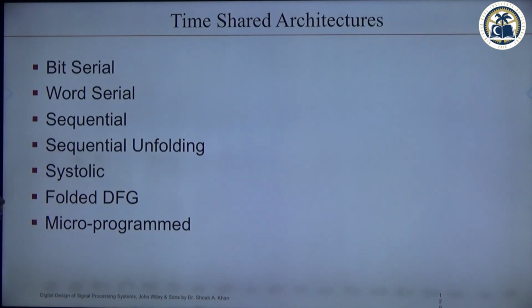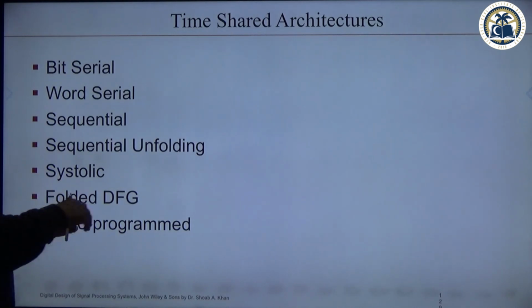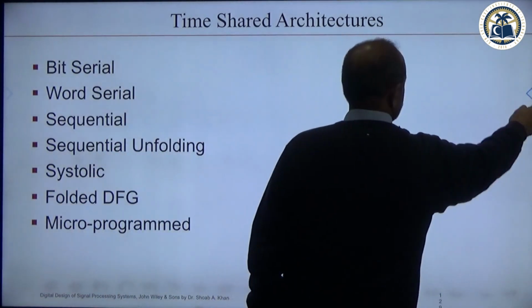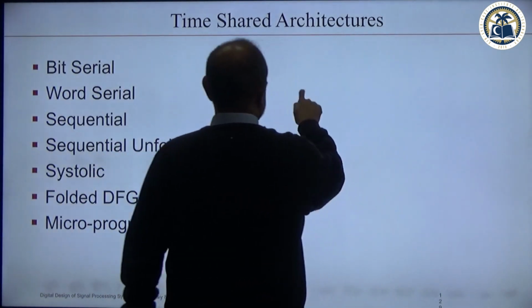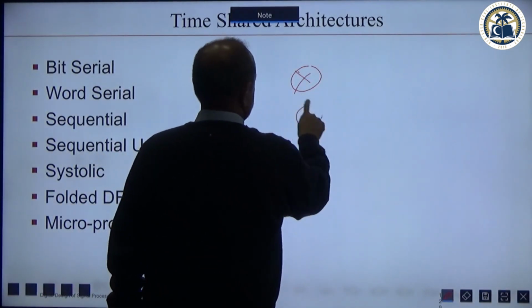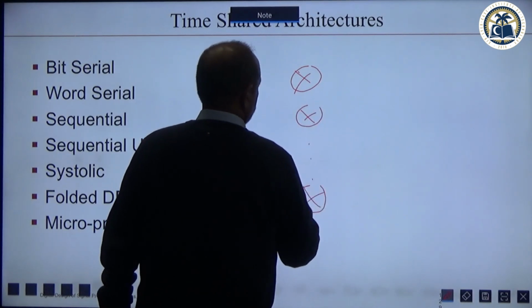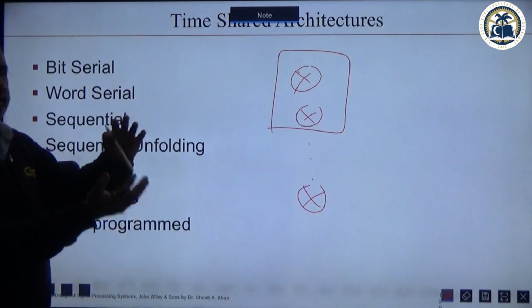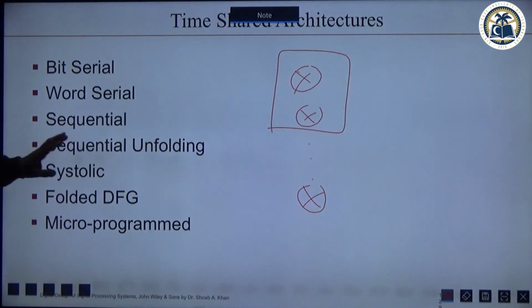Folded is that you fold the architecture. If there are 10 multipliers and you only want to use 2 multipliers, then you fold the architecture in a manner that you use these 2, 5 times.